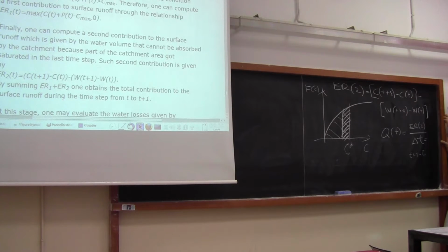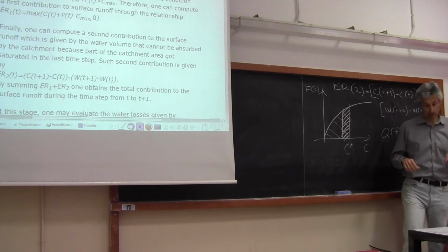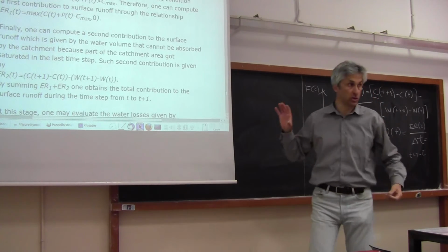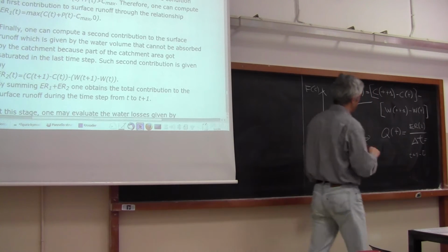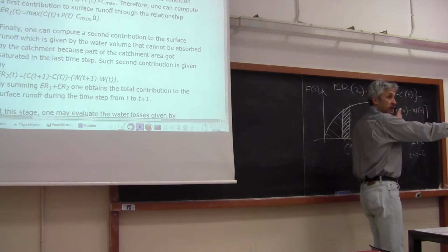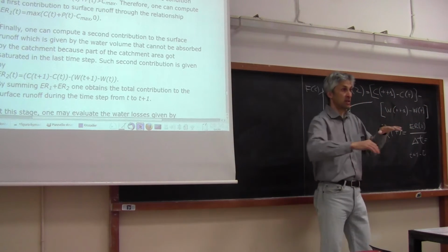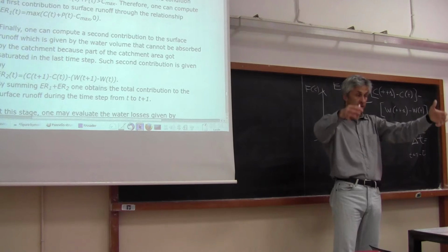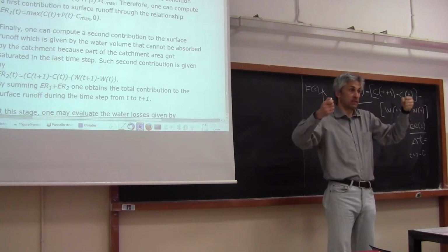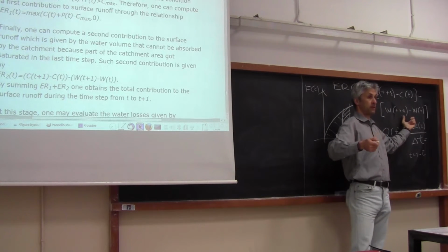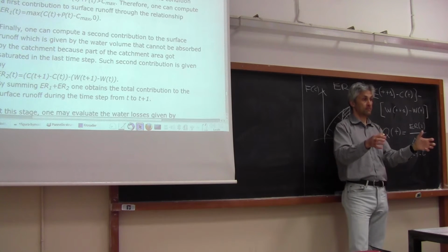In this case, what you are subtracting is a difference in storage, so it means that it's a contribution to storage, or actually to surface runoff. So you have to divide by the time step. But this is a first contribution, which is computed by simply saying, let me take the difference in rainfall, which is the total volume that falls over the catchment, and subtract the volume that is stored.